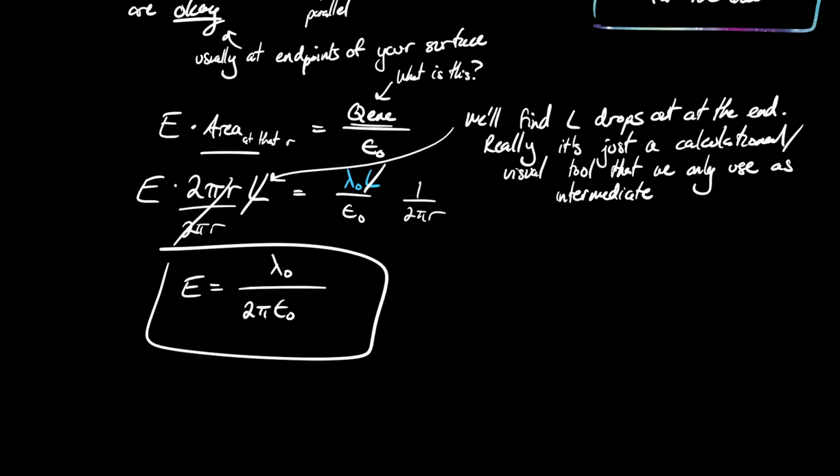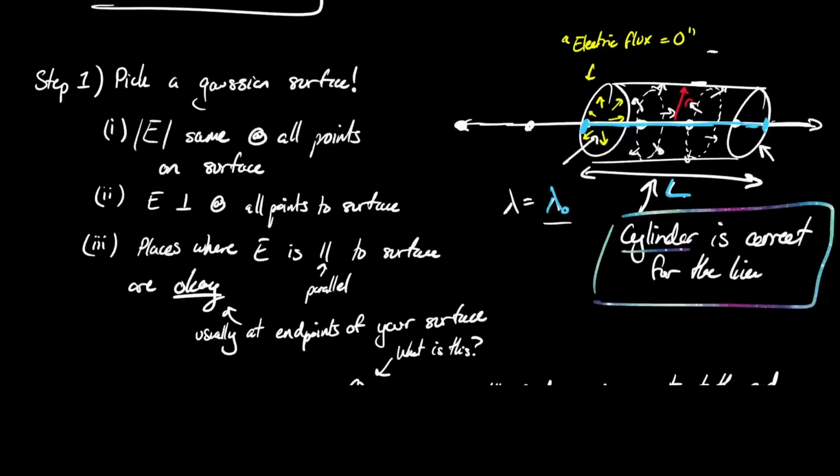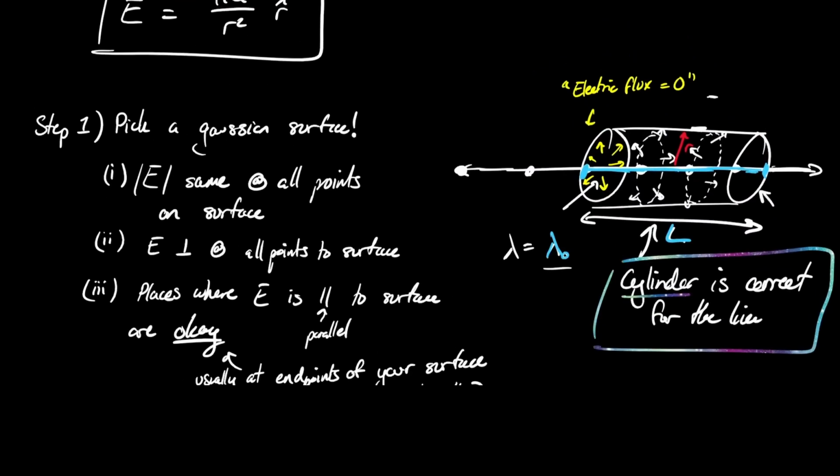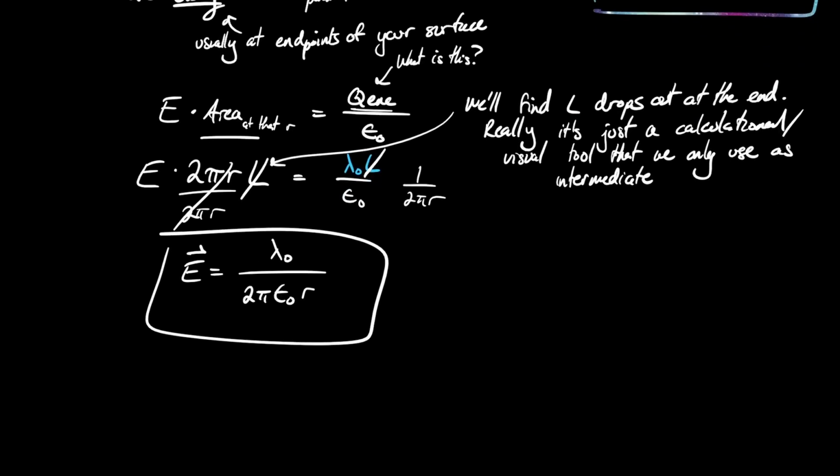Great. And just a reminder, it is generally expected that when you give this answer, you'll also tell your professor what direction the field is pointing. So if you also want to specify the direction of the E field, it points radially outwards again. Traditionally, since it's a cylinder, sometimes people use the symbol rho hat.